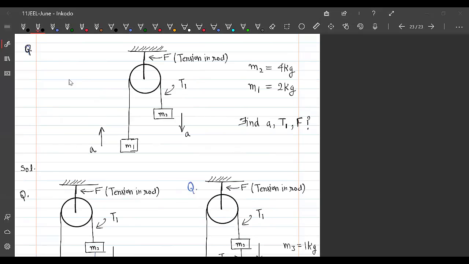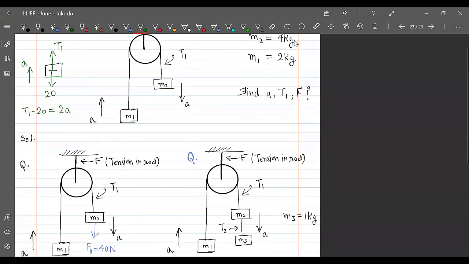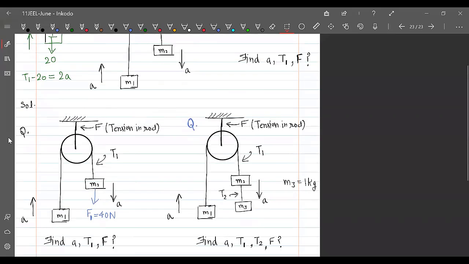In the first case, if you draw this FPD here, so for M1, mass is 2 kg, so weight is 20, and T1 tension upwards, acceleration will be upward. So I can write upward acceleration है, so T1 minus 20, that will be equal to 2A.